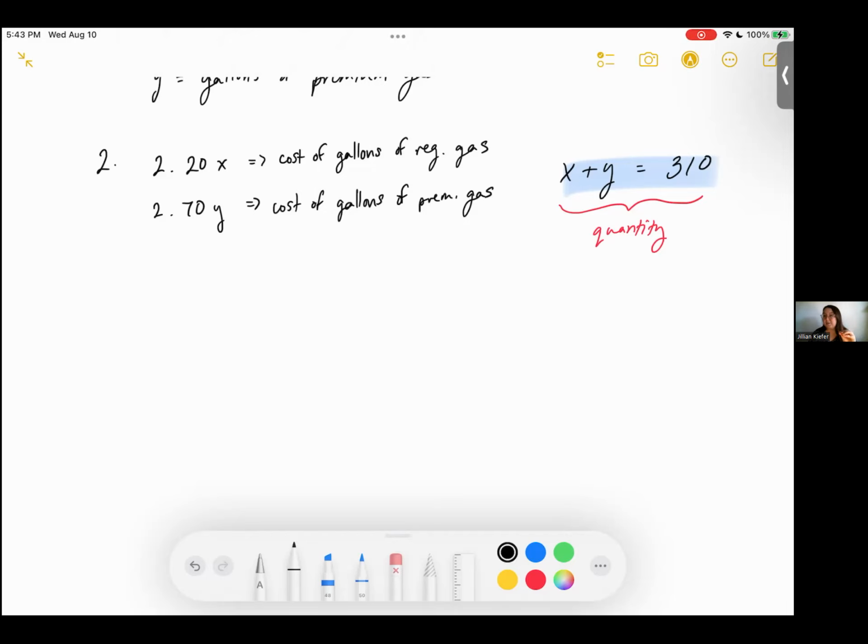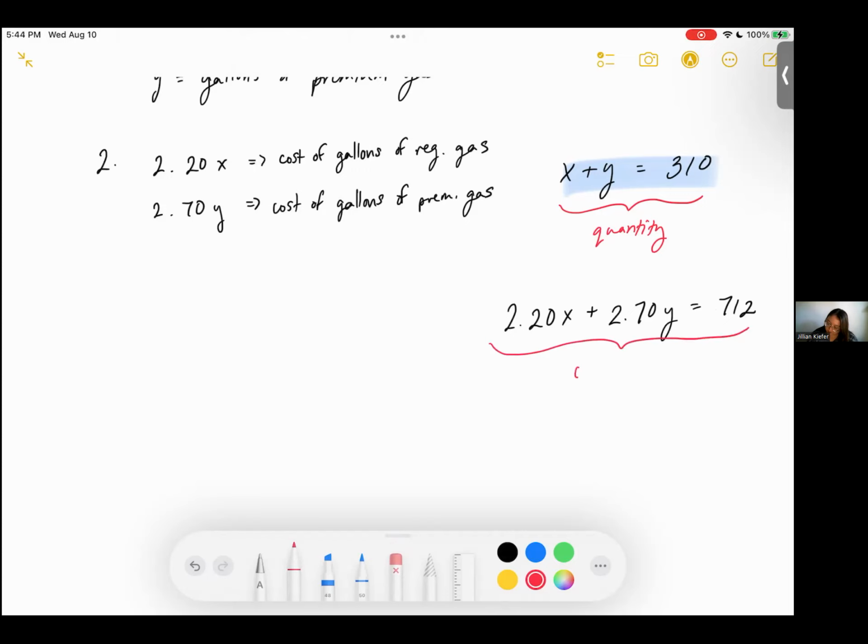So our other equation should look like the cost per gallons of regular gas plus the cost per gallons of premium gas will equal the amount, we actually don't have to put the dollar sign anymore, is equal to the profit.